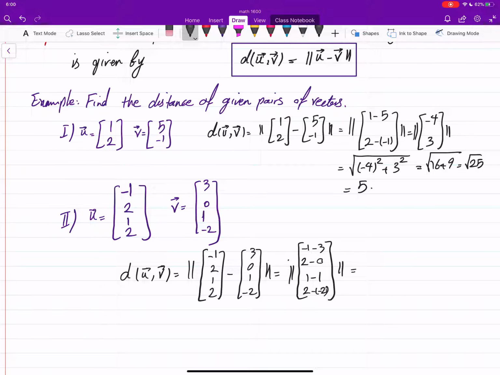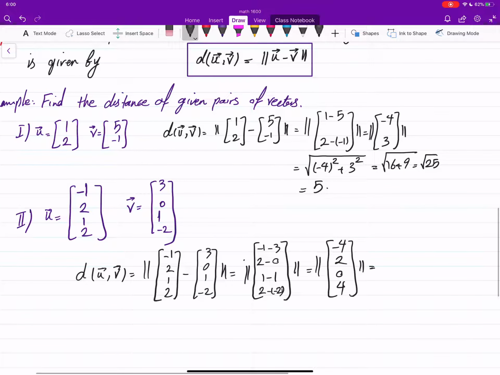The length of that is the length of (-4, 2, 0, 4). Nice. Well, square each component: negative 4 squared plus 2 squared plus 0 squared plus 4 squared.